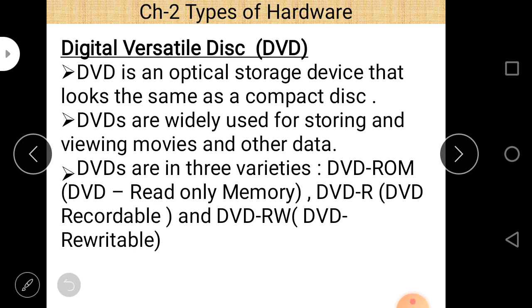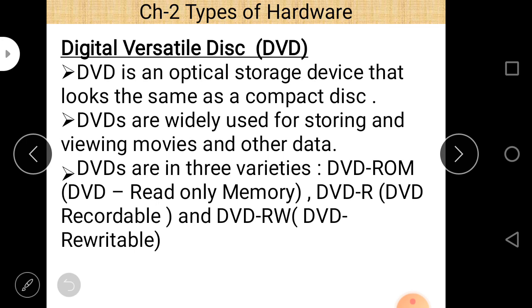DVDs are widely used for storing and viewing movies and other data. DVDs come in three varieties: DVD-ROM, where ROM means read-only memory, DVD-R, DVD recordable, and DVD-RW, meaning rewritable. So there is a similarity between the types of DVD and the types of CD.